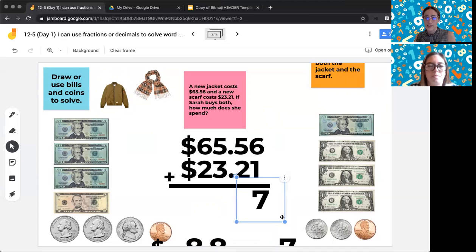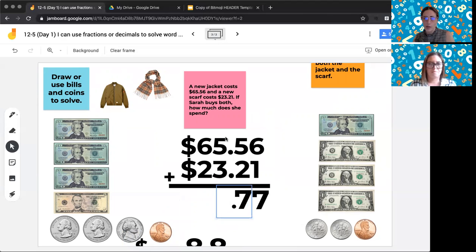Moving on to the tenths place. 5 plus 2, 7. What do we need to put next? We need to bring our decimal point down so that we don't get confused. Great. That's not a whole dollar yet.